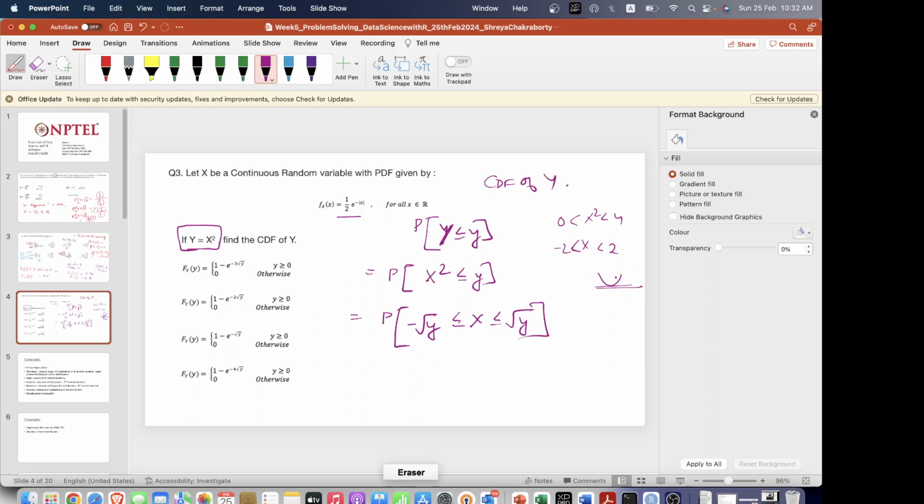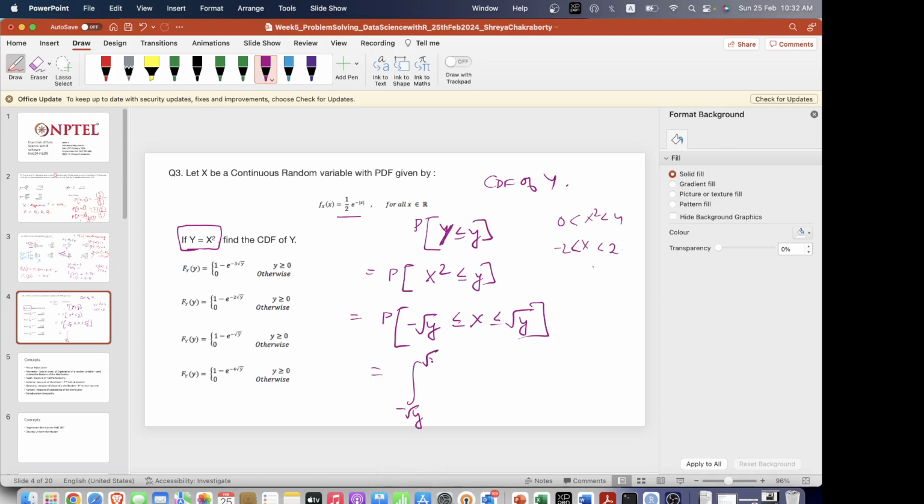It would be this. When X is minus 2, at that time also it's 4, when X is plus 2, at that time also it's 4. Anyway, so this translates to this, and now we just have to write it like this.